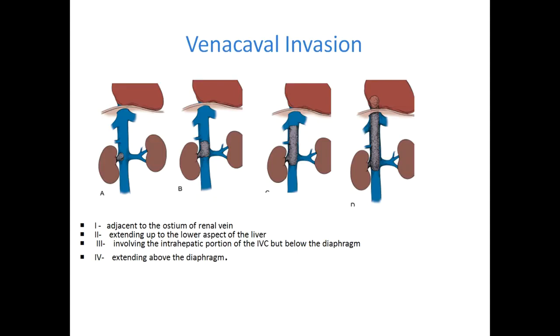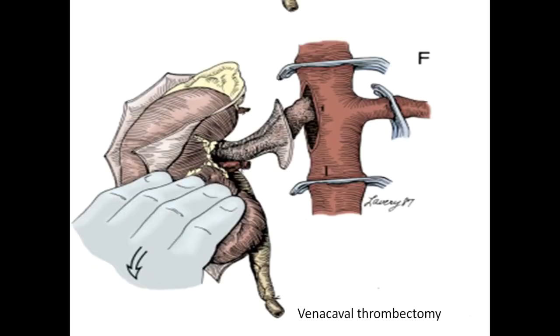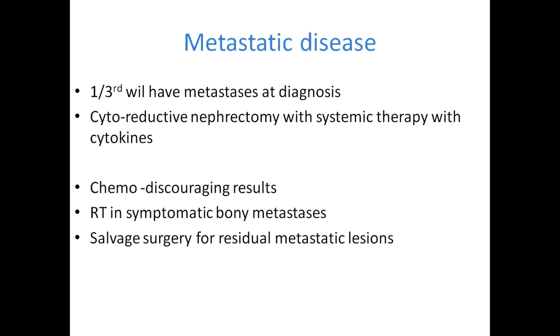In level 3, it is below the diaphragm, but the intrahepatic portion of the inferior vena cava is also involved. And level 4, it is extending above the diaphragm, even into the right atrium. These are the 4 levels of vena cava involvement. This is a picture of a vena cava thrombectomy. It usually gives very good results if the thrombectomy can be done completely.